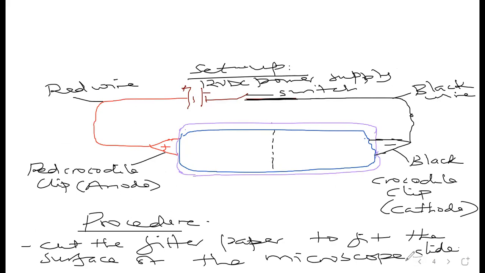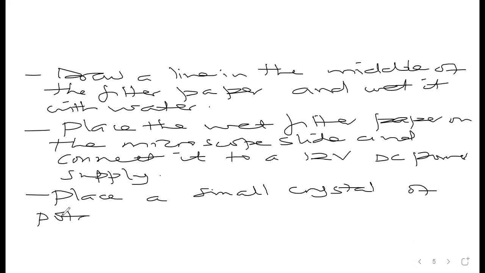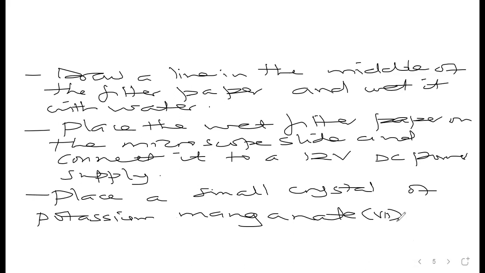And what do you do? We are not going to use the electrolyte. Okay. Place a small crystal of potassium manganate 7 or potassium permanganate at the center of the line.